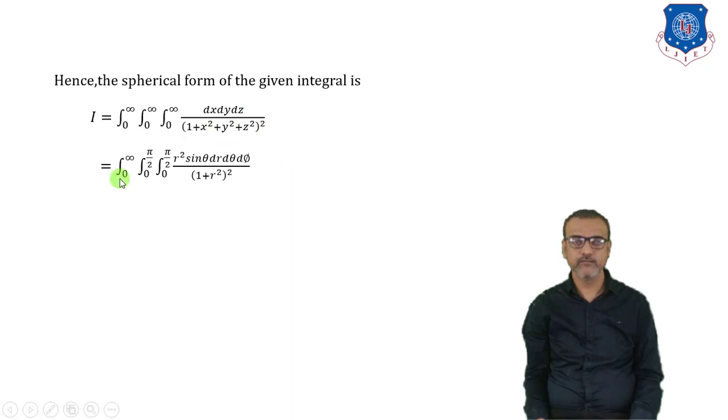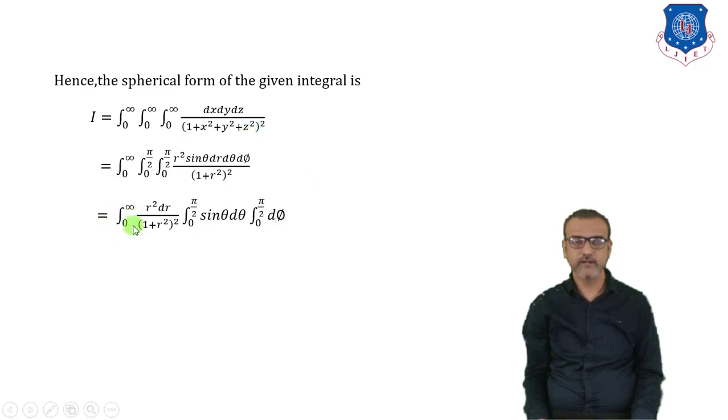Now this equals, with the limit of r from 0 to infinity, the limit of theta from 0 to pi by 2, and the limit of phi from 0 to pi by 2, and modulus of J is r square sin theta, dr d theta d phi divided by (1 plus r square) the whole square, where r square is x square plus y square plus z square.